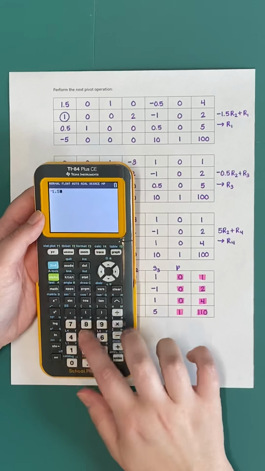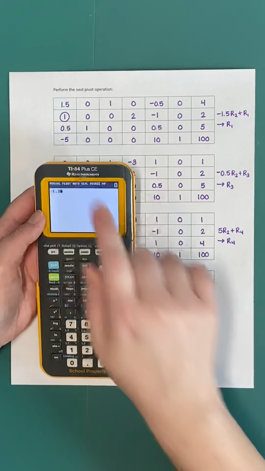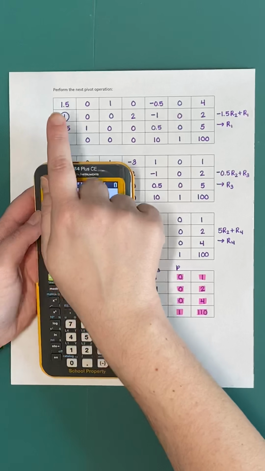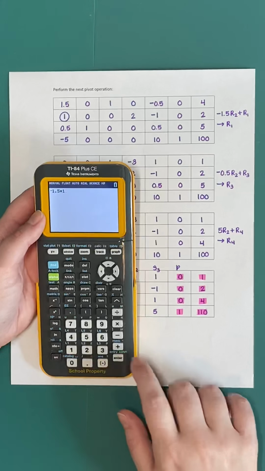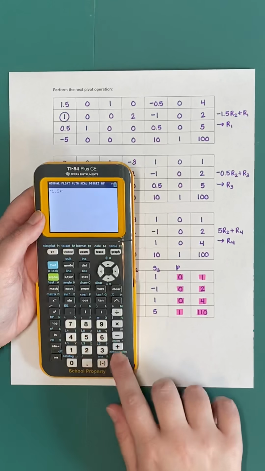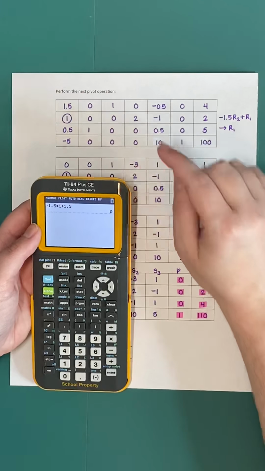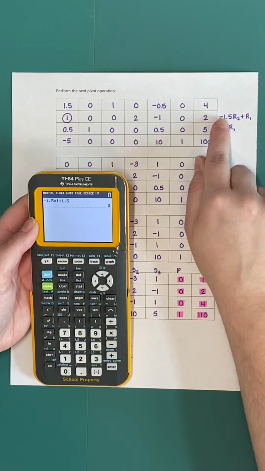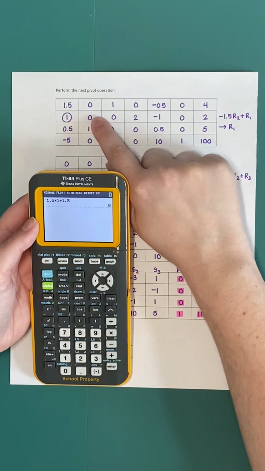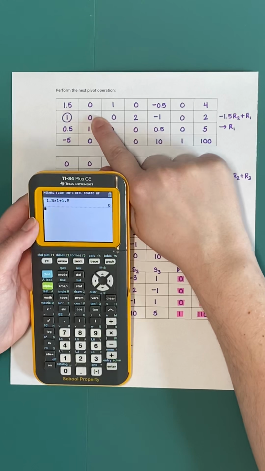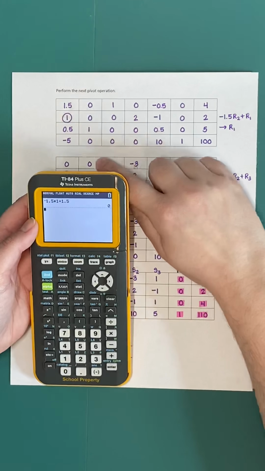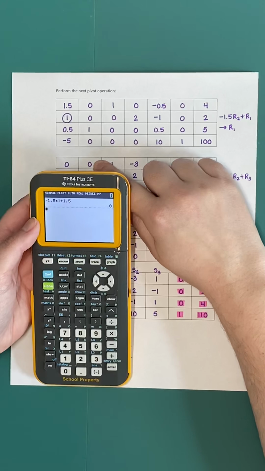So negative 1.5 times row 2, so times 1, plus row 1, so plus 1.5. And that gives us the 0 that we want, so there's that 0. Okay, negative 1.5 times row 2. Well, negative 1.5 times 0 is 0. 0 plus 0 is 0, so that didn't change.